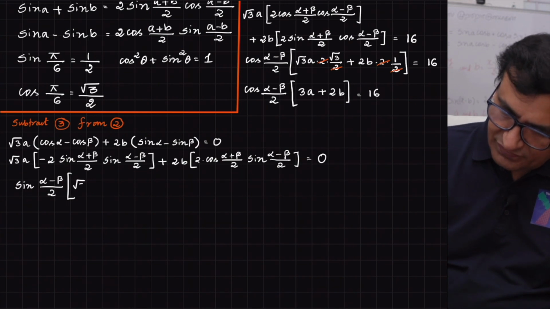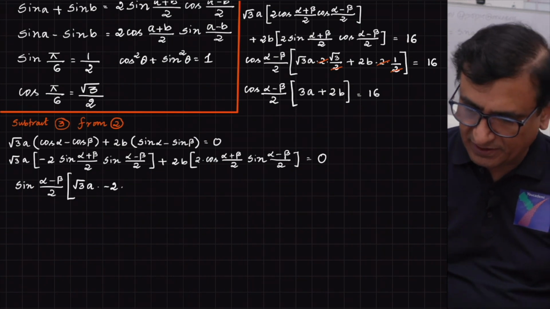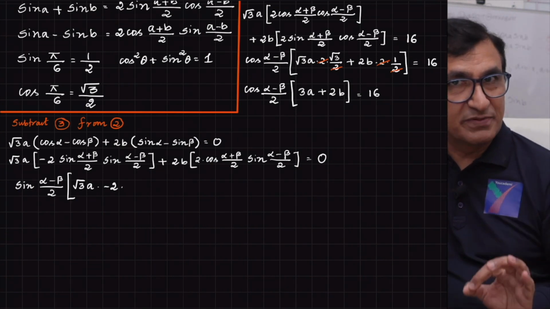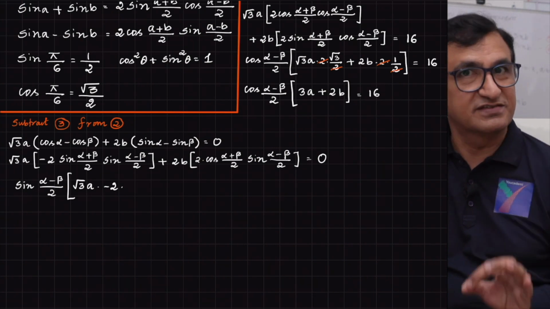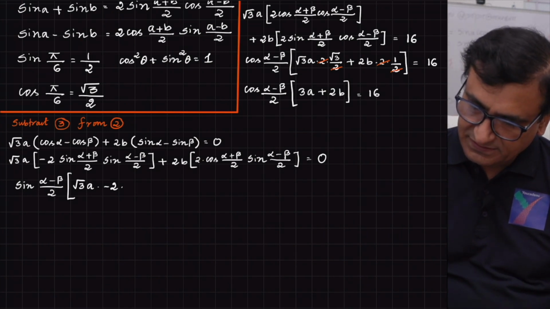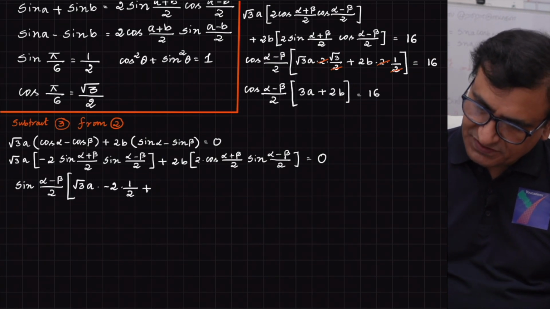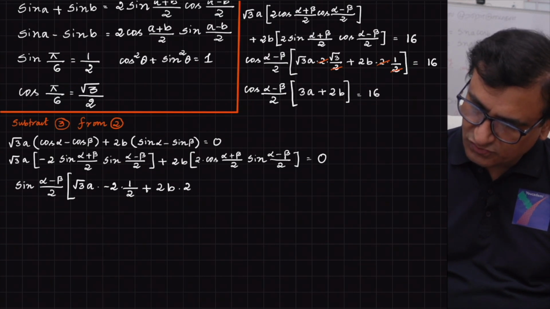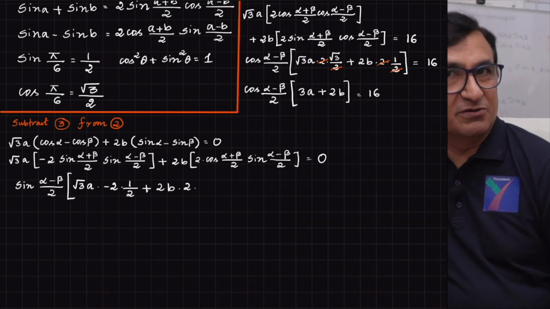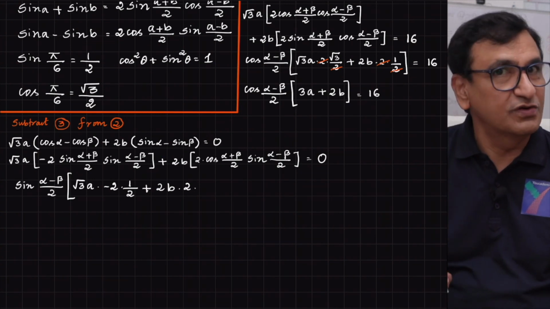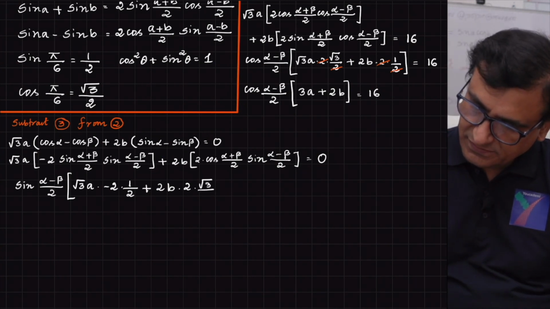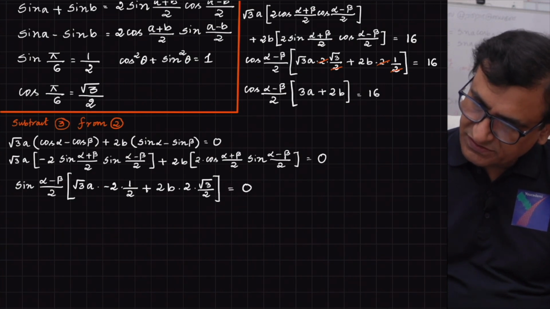So you have square root of 3a into minus 2 multiplied by sine((alpha plus beta)/2) sine pi by 6. Sine pi by 6 is 1 half. Plus 2b multiplied by 2 cos((alpha plus beta)/2) cos pi by 6, square root of 3 by 2, equals 0.